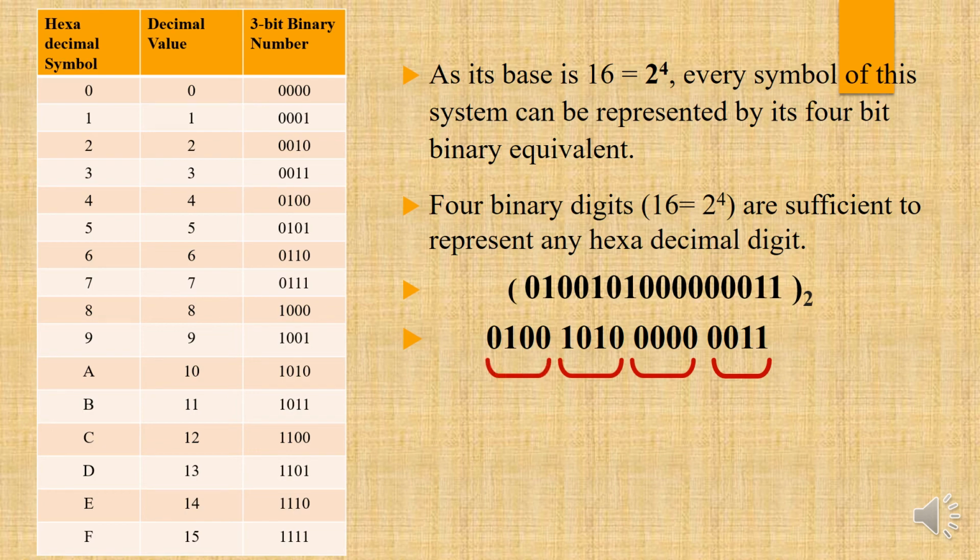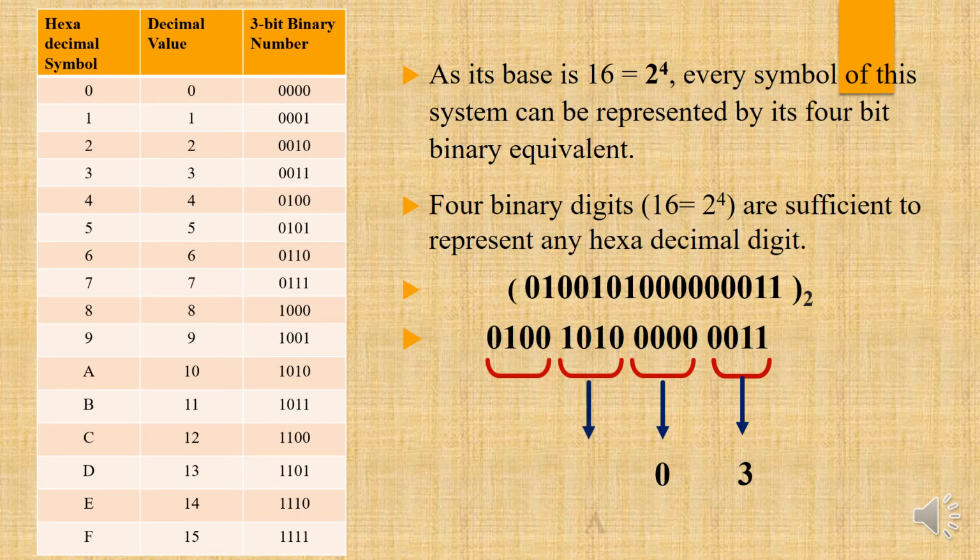Now check for the first group starting from the right, that is 0011. We'll see what is the hexadecimal equivalent for that particular binary number in the table. So if we check the table, then we can find that 3 is the hexadecimal equivalent for this binary string, right? In the same way we will find the hexadecimal equivalent for the second group.